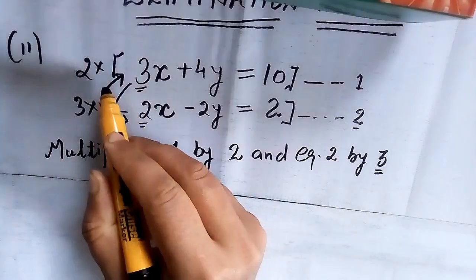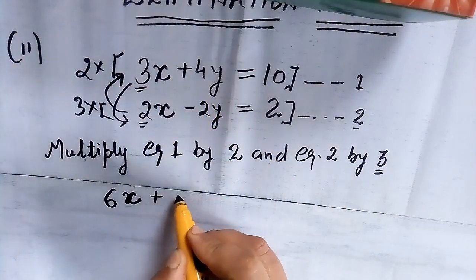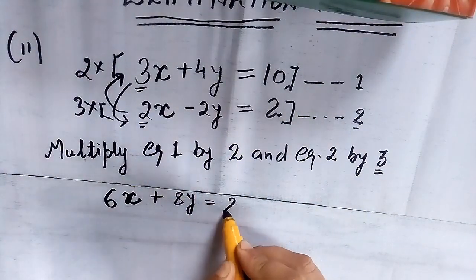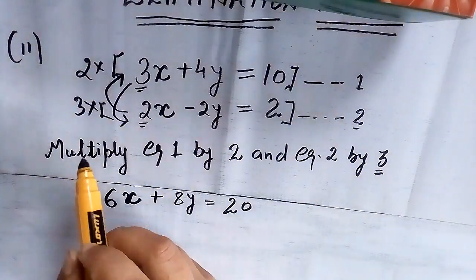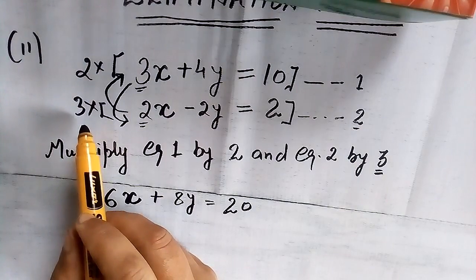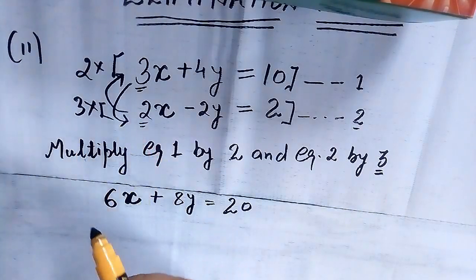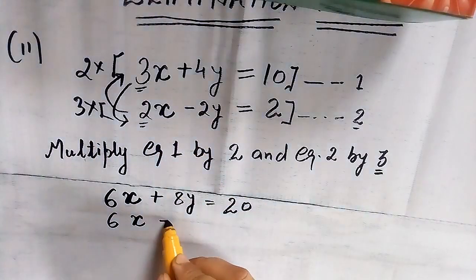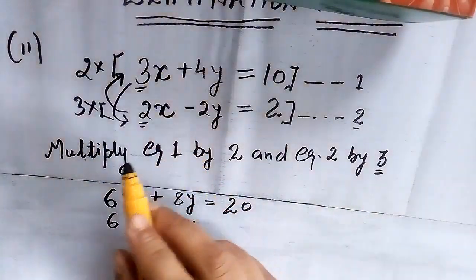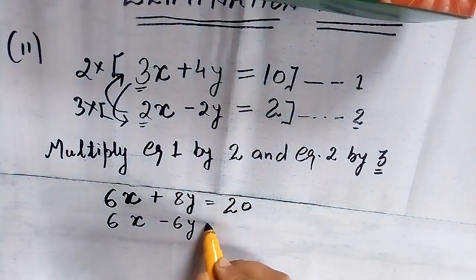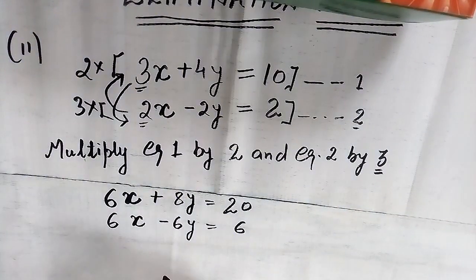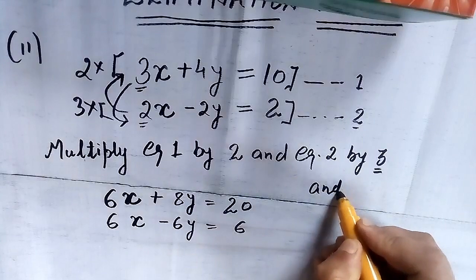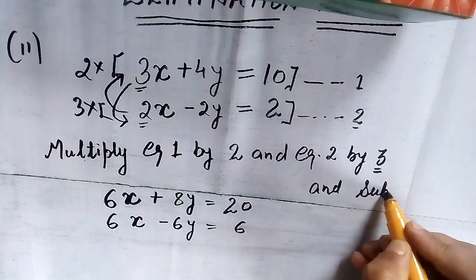So 2 3s are 6x plus 2 4s are 8y equals 2 10s are 20, and equation 2 by 3, so 3 2s are 6x minus 3 2s are 6y equals 3 2s are 6. Now you can see the coefficients of x are same.